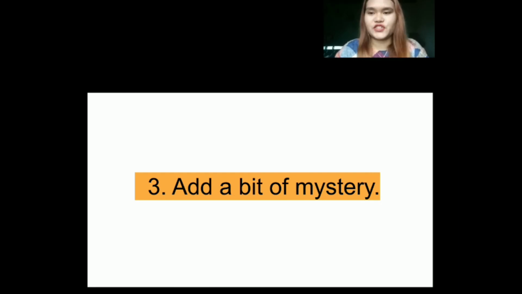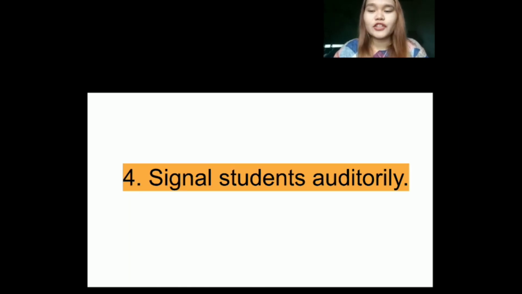Number 3, add a bit of mystery. Bring an object relevant to the upcoming lesson in a box, bag, or pillowcase. This is a wonderful way to generate predictions and can lead to excellent discussions or writing activities. Number 4, signal students auditorily.